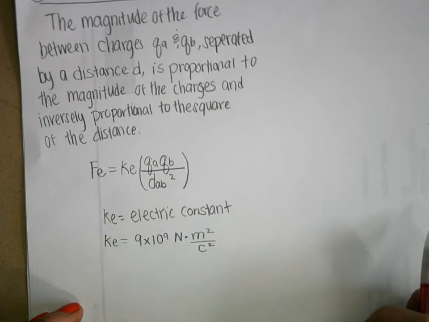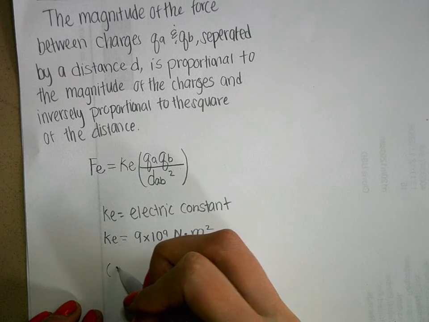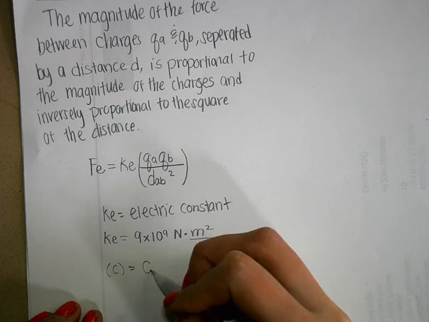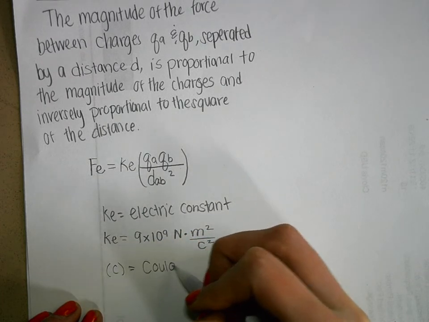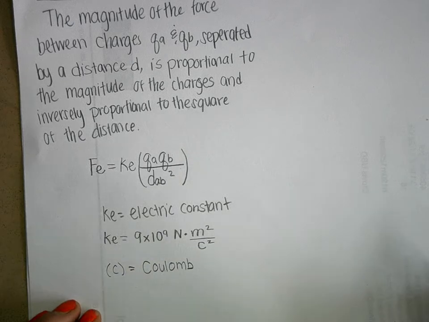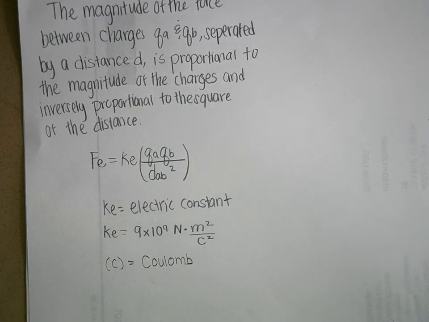So there's a new unit for you. C, that is coulombs. And charge is measured in coulombs. So on your homework problems it might say like a 6 coulomb charge. That's just the units that they use, coulombs.